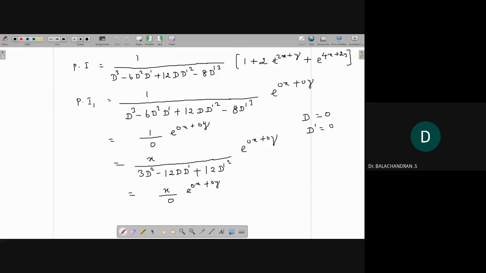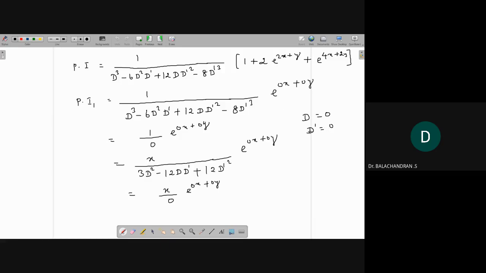So a square, this is b square term, this is 2ab term. So you have 1. So you can write 1 is in the form of e power 0x plus 0y. So you should replace D by 0 and D dash by 0. So actually D by a is also 0 and D dash by b is also 0.